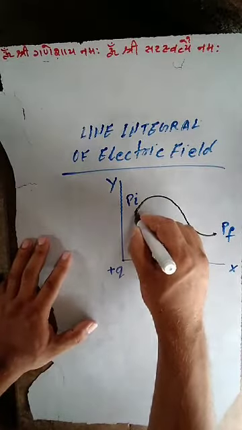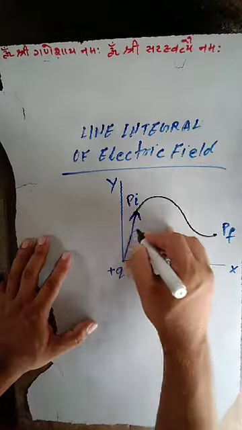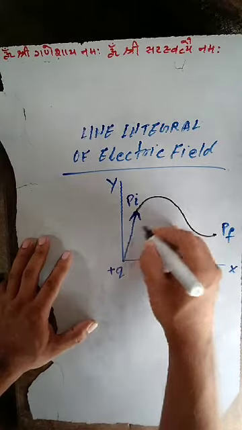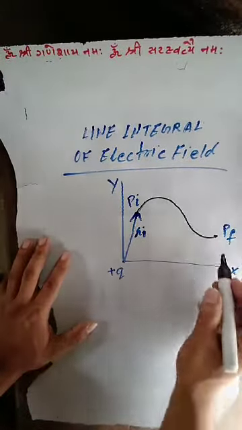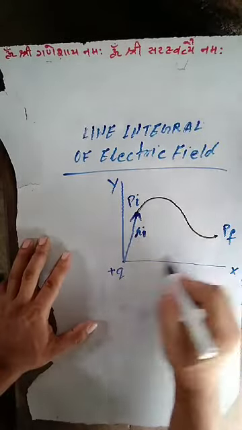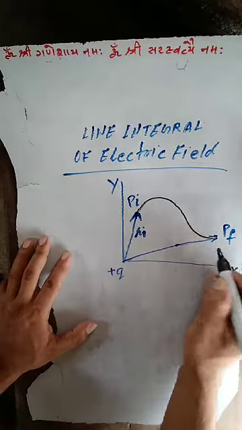Let this be your position vector ri, and this your position vector rf.